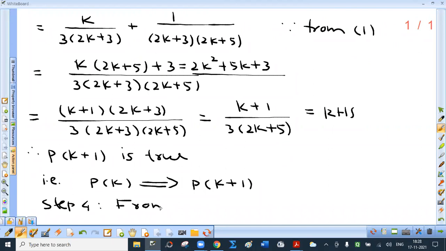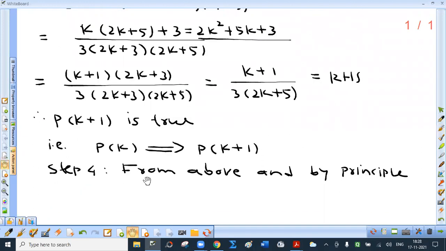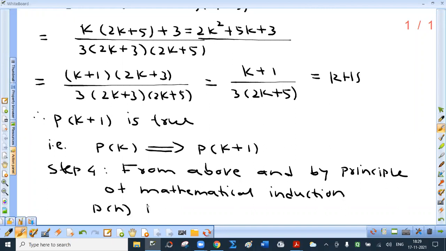Then in the last step, from above 3 steps, and by principle of mathematical induction, P of n is true.